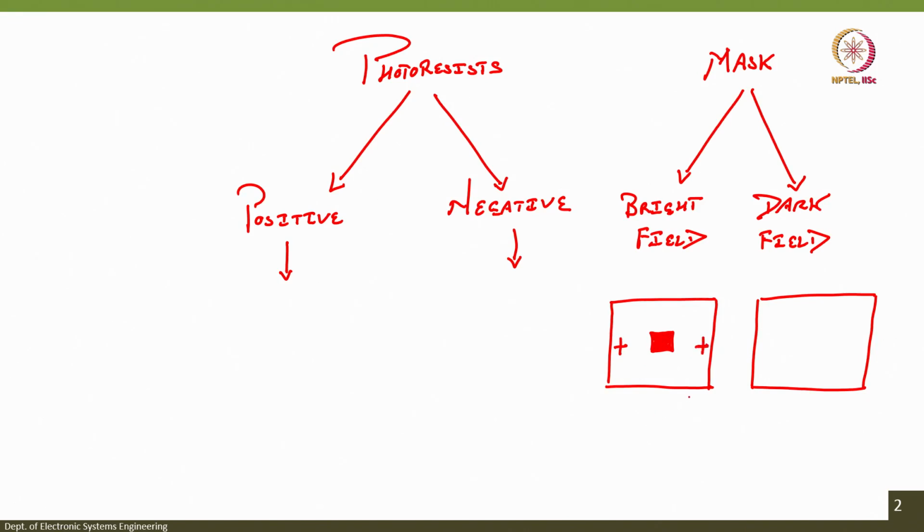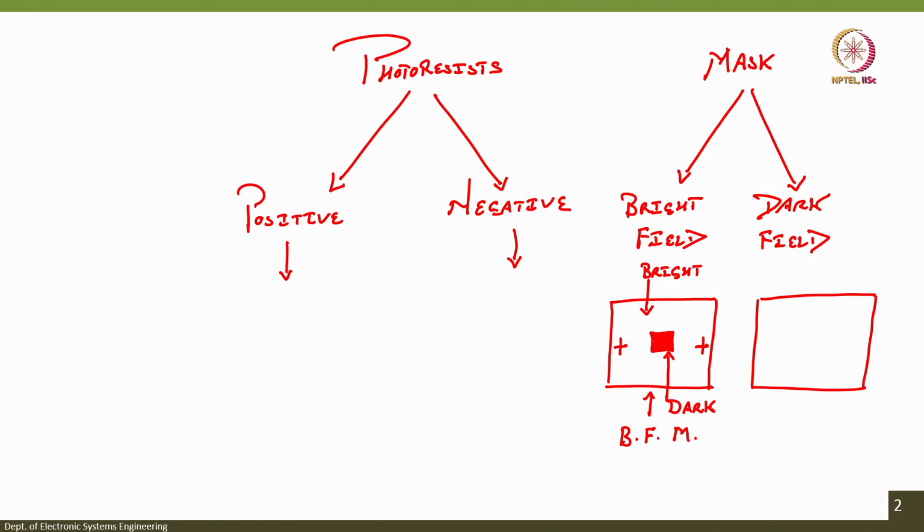We just put a plus here for reference. So this is your bright field mask. Why? Because the field is bright, and the pattern is dark. This is how the bright field mask looks.